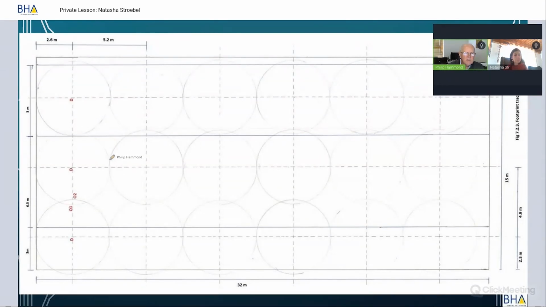But we need to use a slight overlap. Very, very slight. Do you see how small my overlaps are? Can you see them there? I've got very small overlaps, because one light helps the other light. And so it goes.